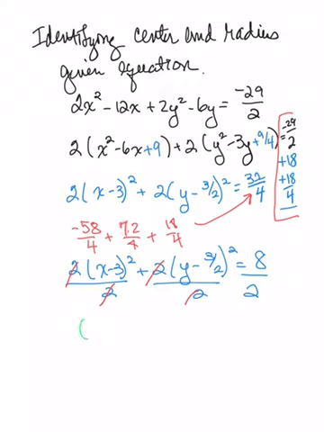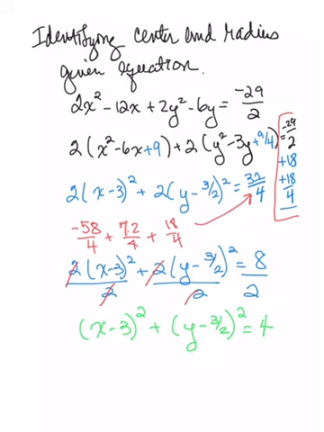So my answer in standard form is x minus 3 quantity squared plus y minus 3 halves quantity squared equals 4. Okay, so in order to finish this, we look at the opposite sign for the center.